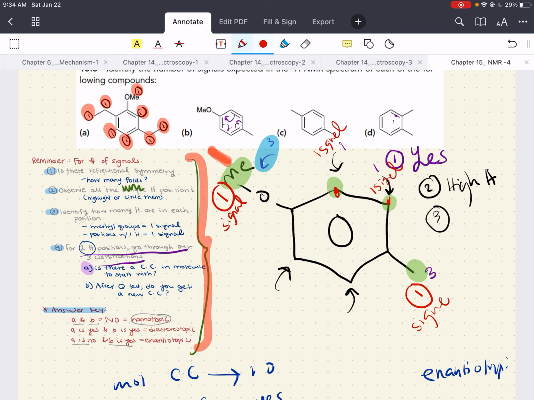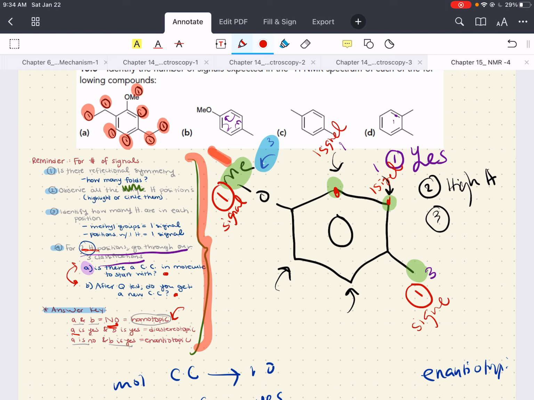There are no positions with 2 hydrogens for us to go through our step-by-step process. If there were positions with 2 hydrogens, what we would want to do is ask ourselves, is there a chiral center in the molecule to start with? And then you would ask, after the Q-test, do we get a new chiral center? If the answer to both of these questions is no, your hydrogens would be homotopic and they would be chemically equivalent.